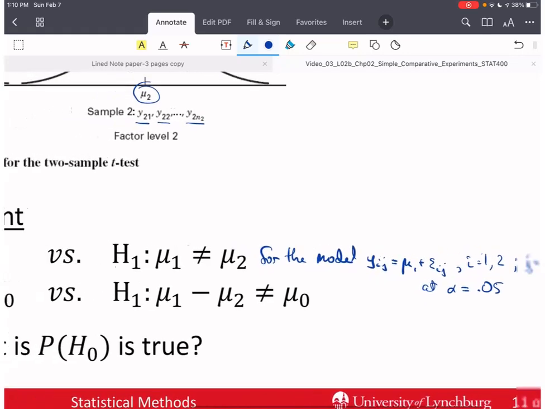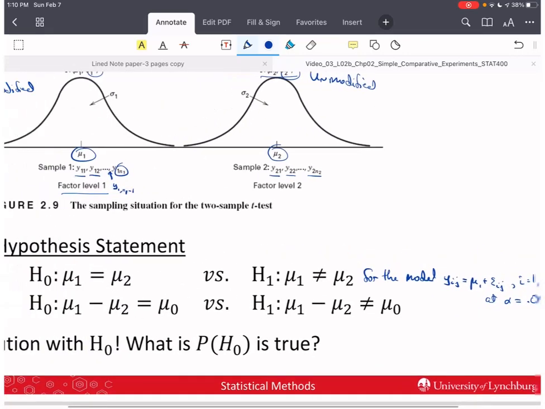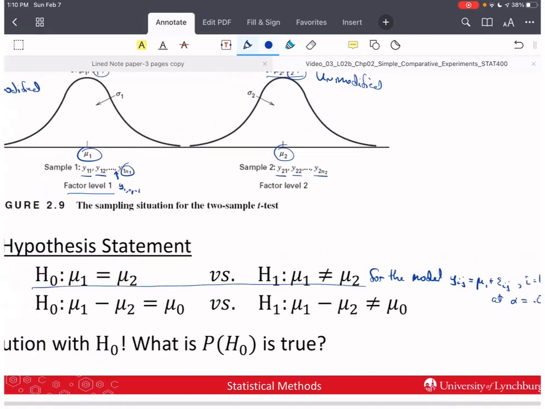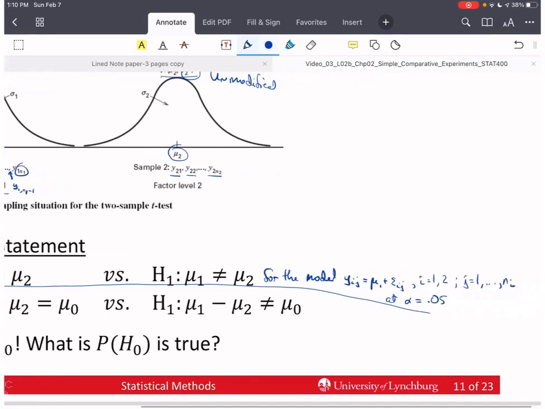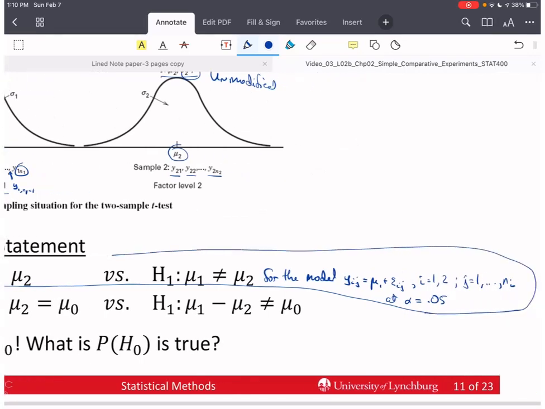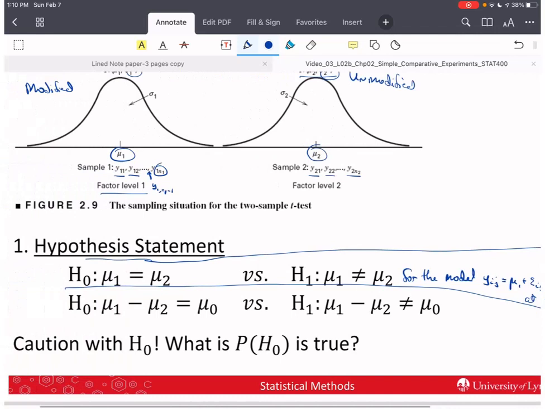So this is what you should say. All of this should be in your hypothesis statement. You need to communicate all of this information in the hypothesis statement.